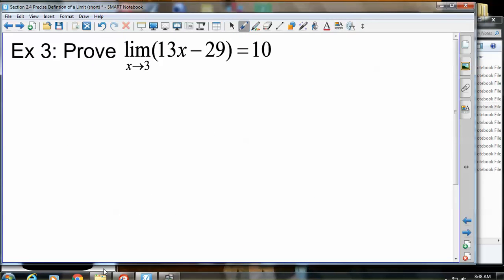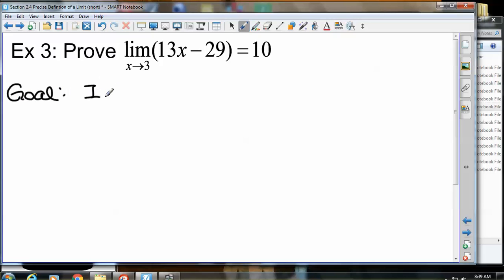All right. So I want to prove that the limit as x approaches 3 of 13x minus 29 equals 10. First thing I recommend is let's write our goal. That is the sentence we have to get in our proof to be done.